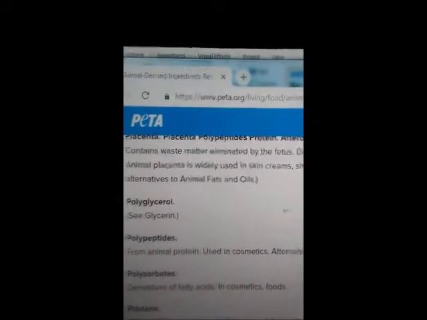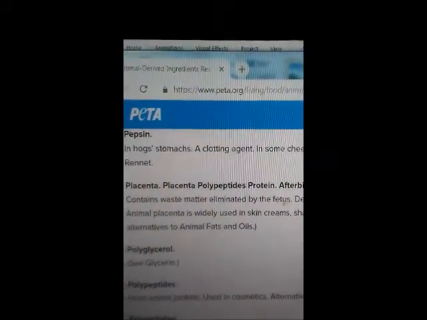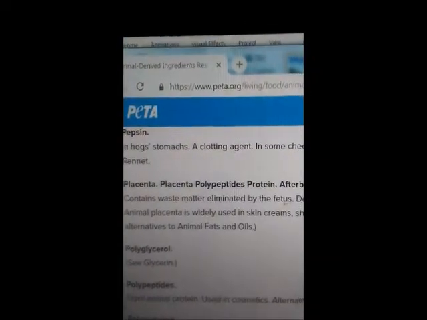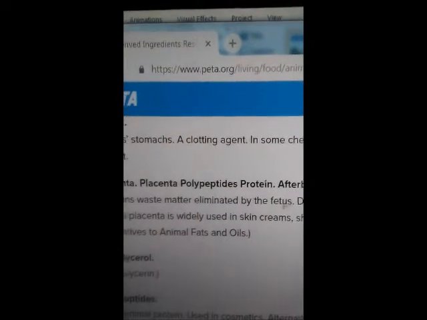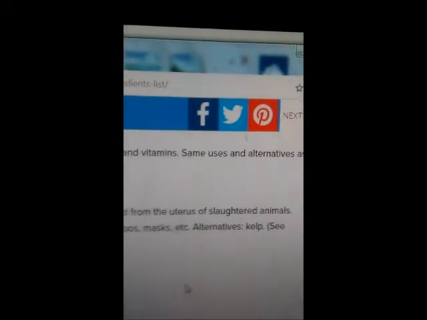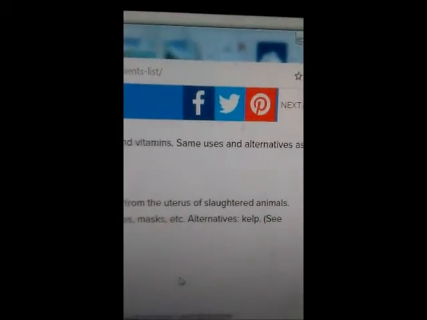Excuse that. You got placenta. Now this is one I really want to cover. Placenta polypeptides, protein after birth. Contains waste matter eliminated by the fetus, derived from the uterus of slaughtered animals.